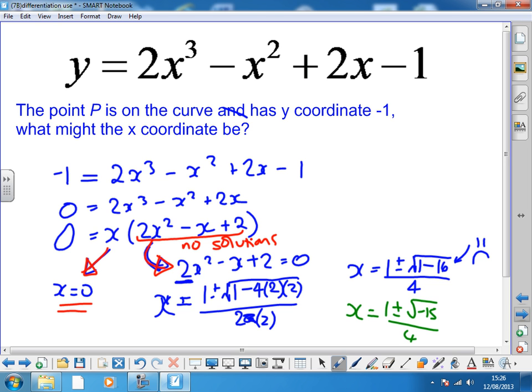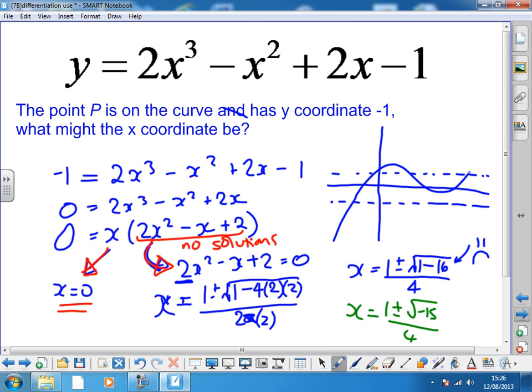It's like saying that on the graph, where y is minus 1, the graph does that, but then kind of does that. So we know that the solution is actually 0. Where we would expect to perhaps find 2 more places that it cuts minus 1, it doesn't. There is literally only one value of x for which the y coordinate is minus 1. Yeah, exactly.